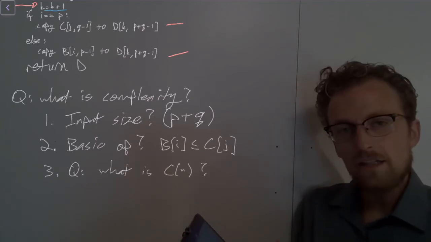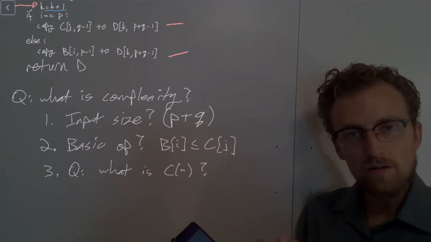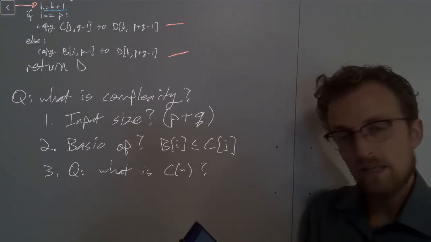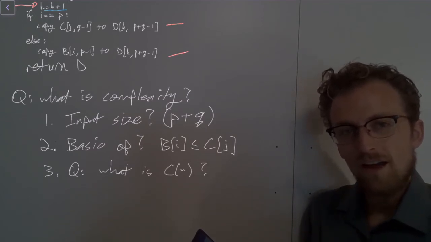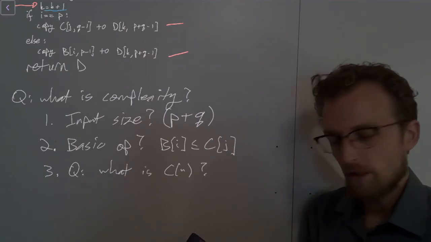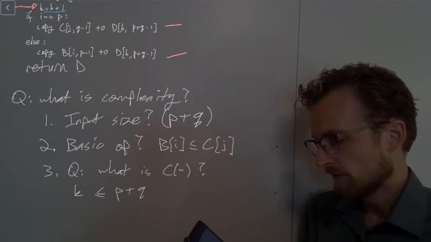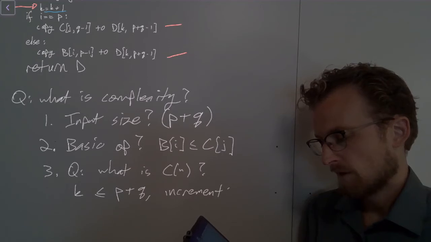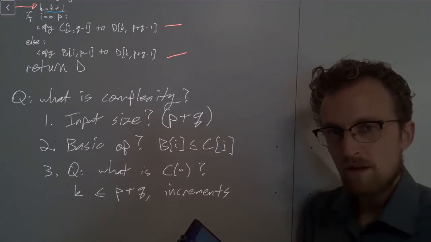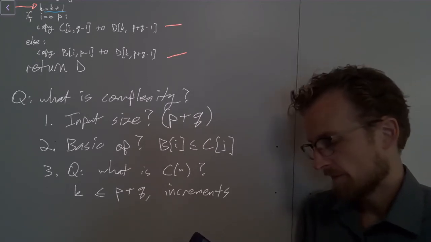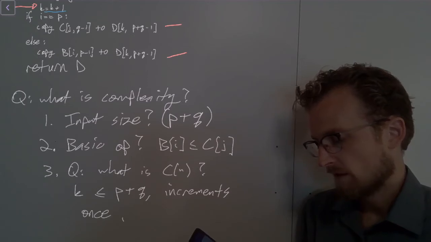Note that k starts at 0, increments every time the basic operation occurs, and can't ever get larger than p plus q. So k is always less than or equal to p plus q, and increments exactly one time for every basic operation, once per basic op.